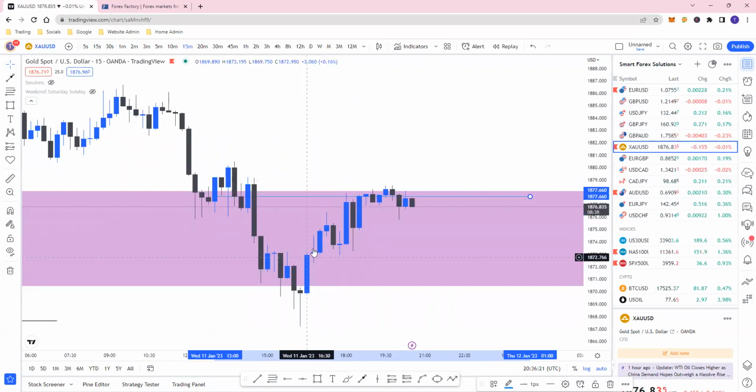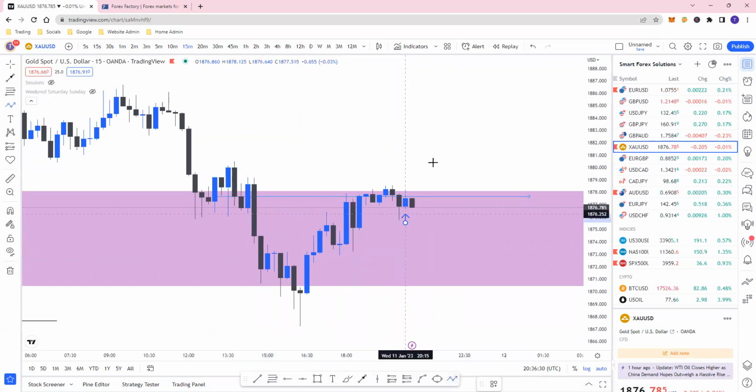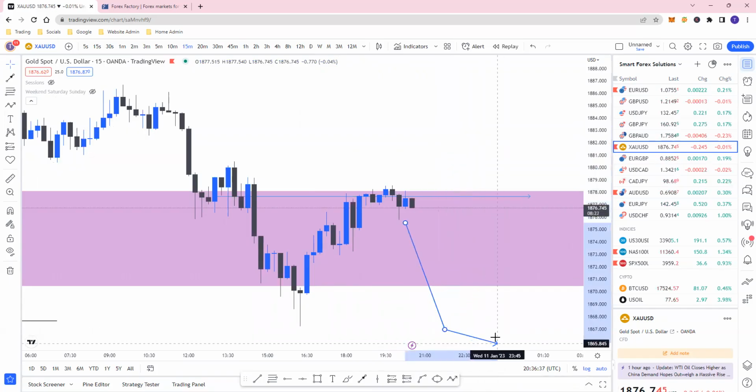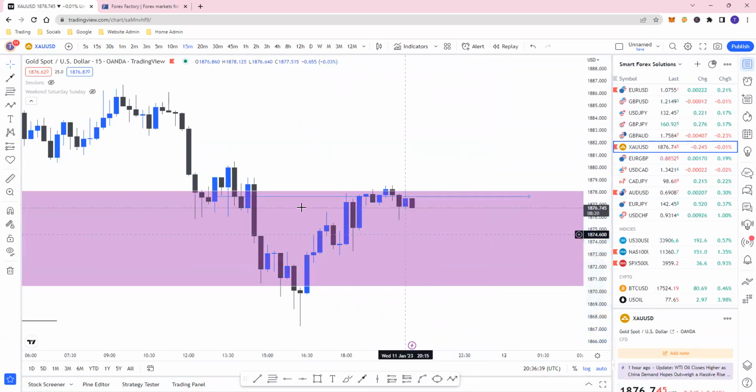Price is pushed up, mitigated in, pushed up, mitigated in. So realistically, for me, it's either going to carry on pushing or it will just plummet to the ground and take all of this out, because it doesn't really look that attractive. It's setting itself up for the Asian session, basically.